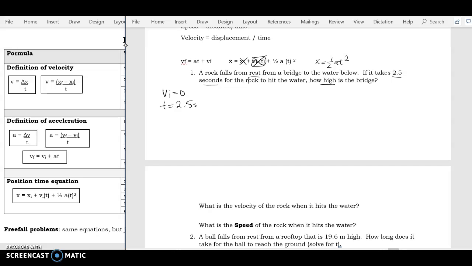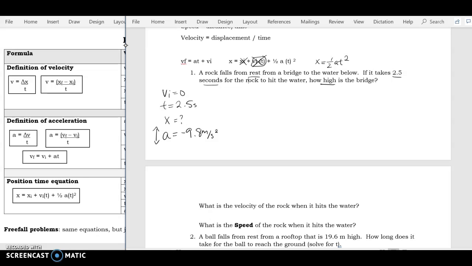Well, that's a distance. We're looking for the final position of the rock. So looking at these three variables right here, we also know A always is negative 9.8 meters per second squared when you're dealing with something in the vertical direction.